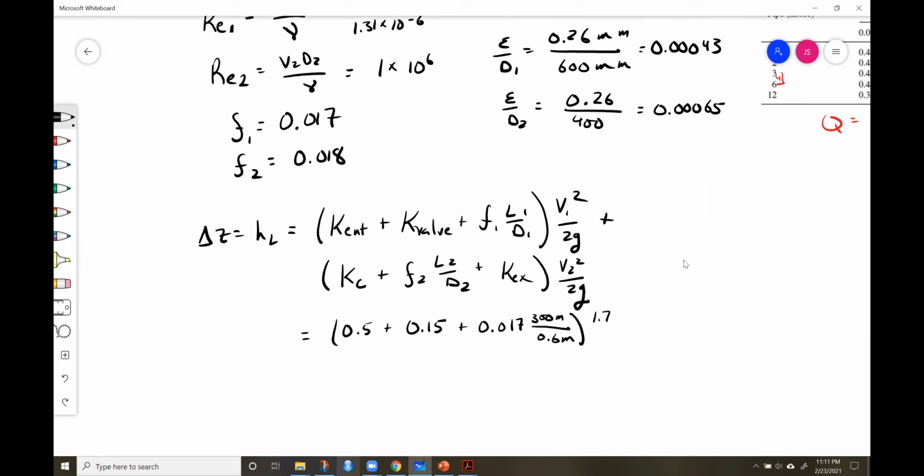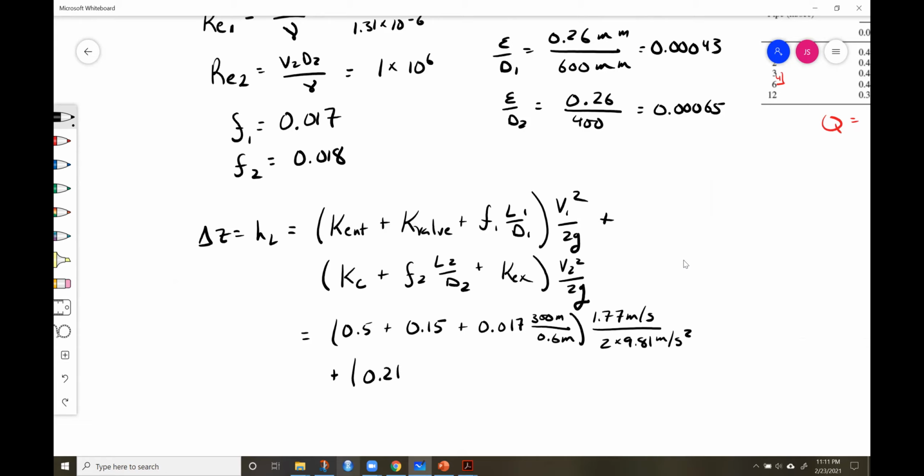Our velocity is 1.77. And then we'll do the pipe 2 major and minor losses.